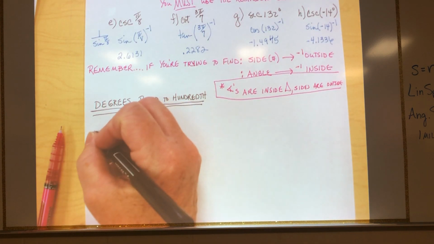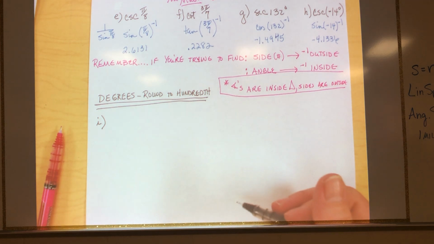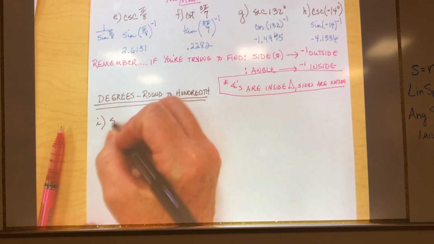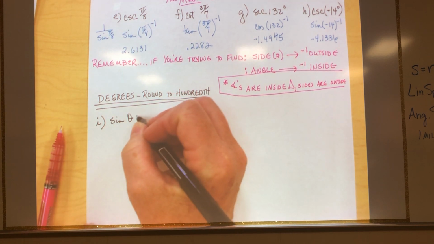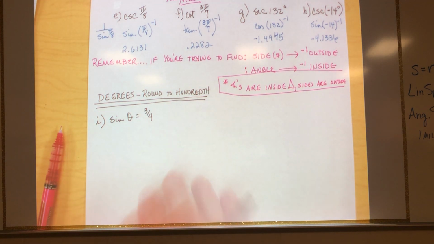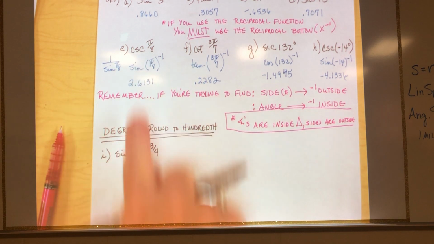Here's the first one. We've done ones like these in your word problems in 4.3. Sine of theta is equal to 3/4. Do you understand the difference between this kind of problem and this kind of problem?